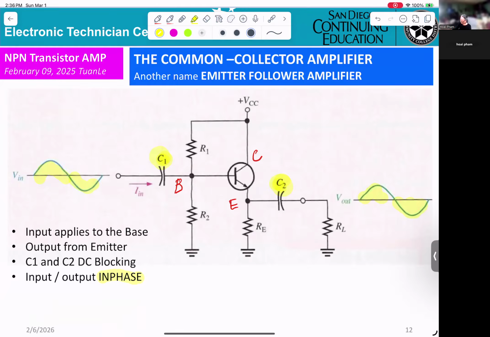Both going up or both going down. Okay. If you're looking into this circuitry, you can see RL will be the load. This is more simple.